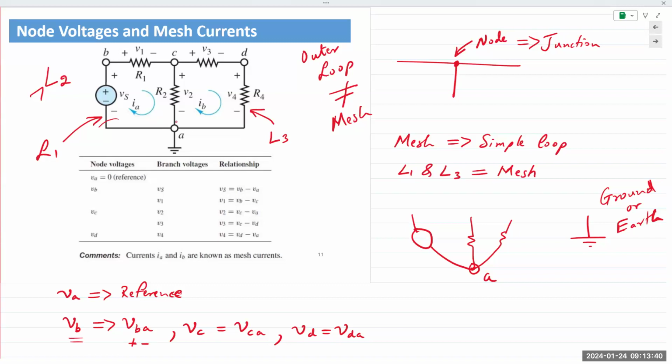Similarly, VC is the voltage at C measured with reference to A, and VD is the voltage at D measured with reference to A.